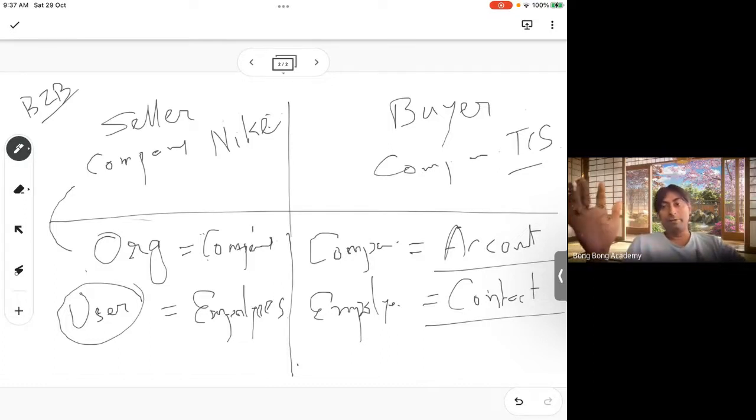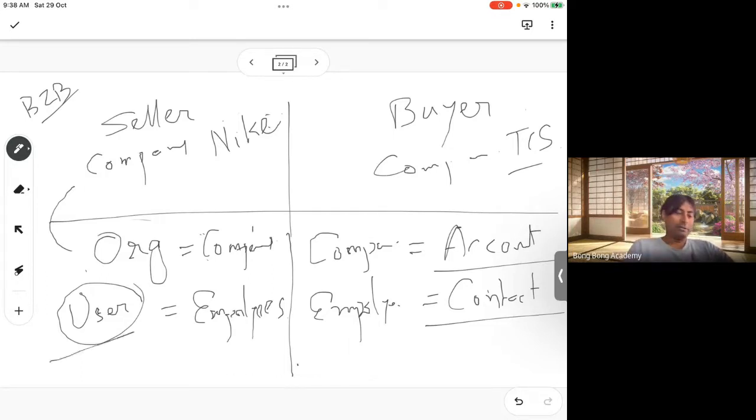Salesforce has automatically given it. These are standard objects. That means you don't need to create these tables, and you cannot delete these tables. They are already there. When you get your Salesforce instance, the seller side already gets two tables: one to store their customer company details, another to store the customer employee details. Clear? Any questions?